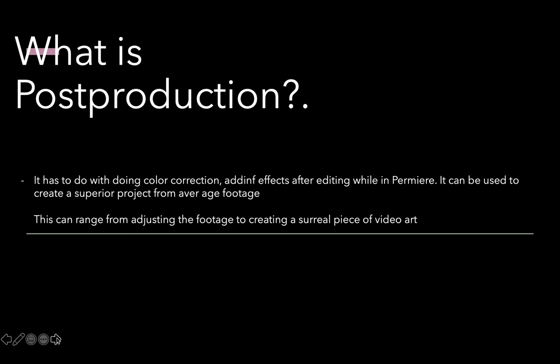So, just 2 or 3 frames before we dive right into Premiere. What is post-production? I mean, it's basically color correction, adding effects after editing while in Premiere. So, you might see there's some things that are more technical, like if you look in Premiere, there are these things called Lumetri presets. Those are very cinematic.